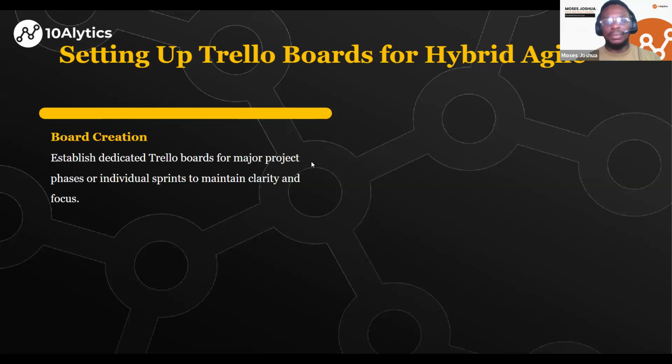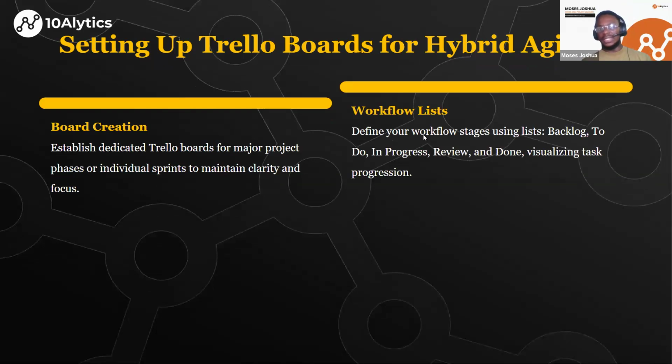And the next, after having your board, the next is what? We'll be having workflow lists. When we say workflow list, it simply means adding the different lists that are going to be used for the project, right? The first list we have is backlog. Backlog is simply a place whereby all the tasks for the project are listed. That's your backlog. And then we have the to-do list. All of us know what a to-do list is, right?